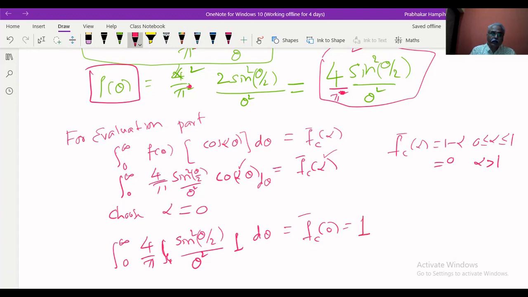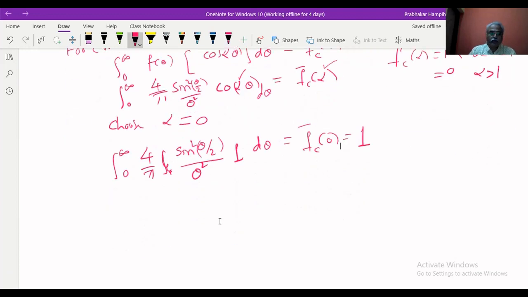Now, sin square theta by 2 whole divided by theta by 2 whole square, from 0 to infinity. That means this 4 comes here, got adjusted. Pi you transfer this side, equal to pi into 1.